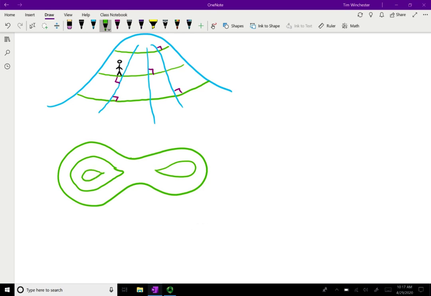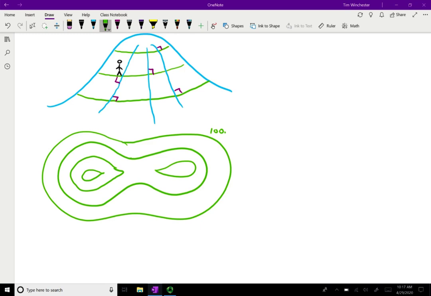Maybe this one is an elevation of 100 meters, and this one is 110 meters. Maybe this one's 120 meters, this one's 120 meters, and this one's 130 meters. So we can map out lines that are a constant elevation, which is called a contour map when it is mapping out the literal ground.